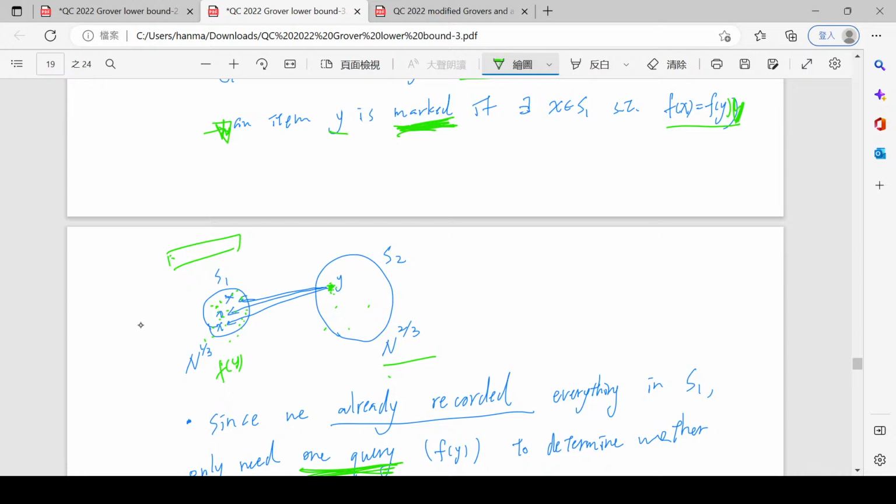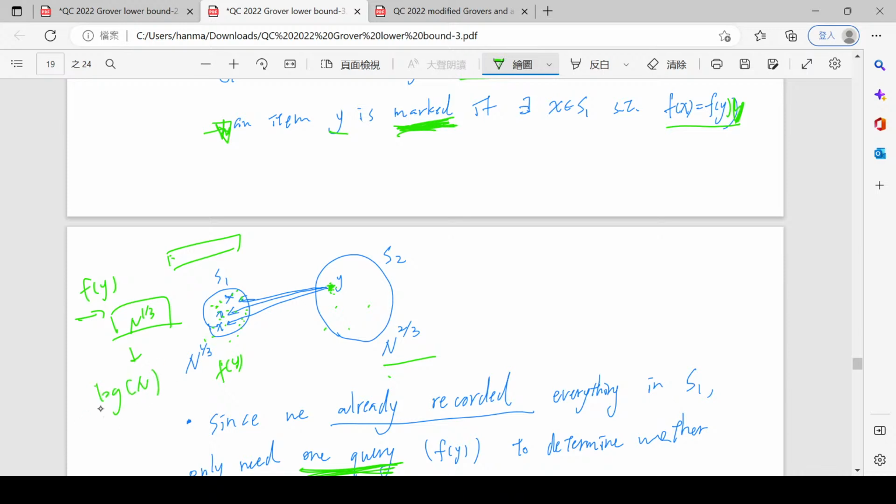You can construct it with n to the 1/3 items, and you can input some f of y and compare whether it's different from everything with just, I believe, log n time.